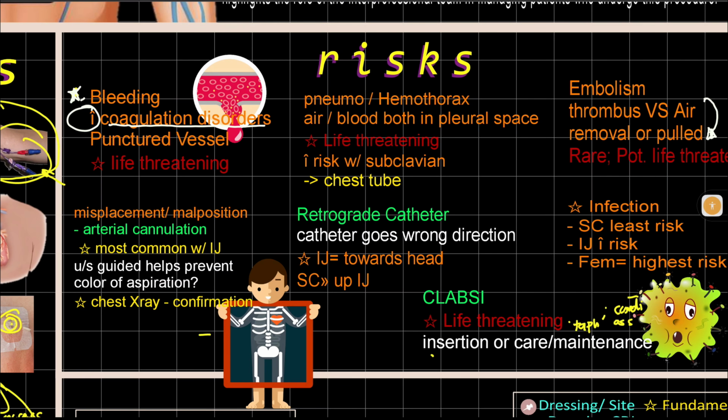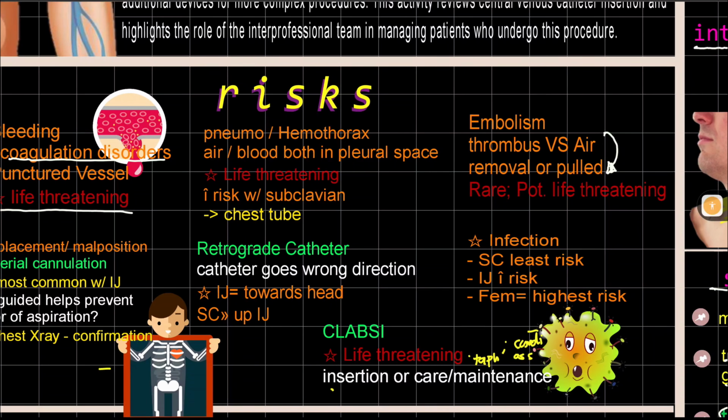So there's a risk for bleeding. Now, this is due to a punctured vessel. And mind you, this is very life-threatening. So you want to make sure that you run some PTT. You have baseline PTT, INR, and coagulation profile checked first before you insert your central line, if it's permitted.